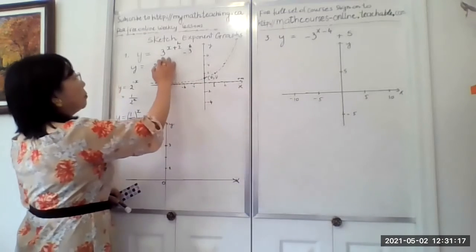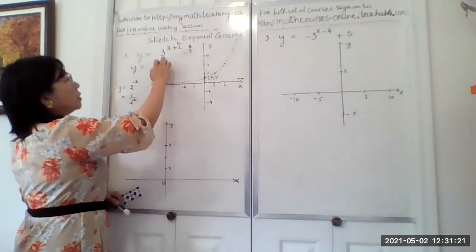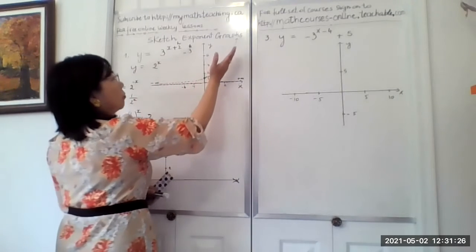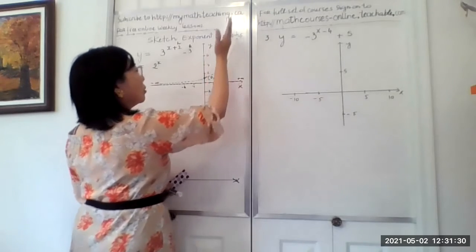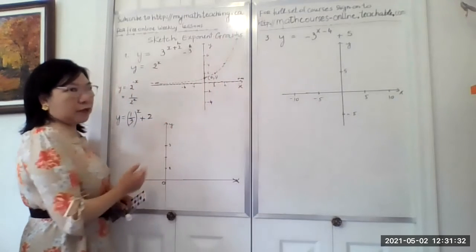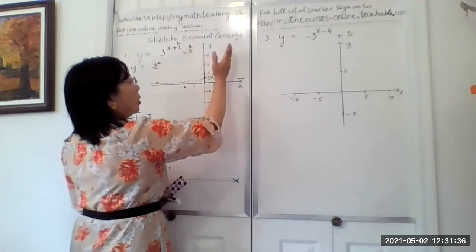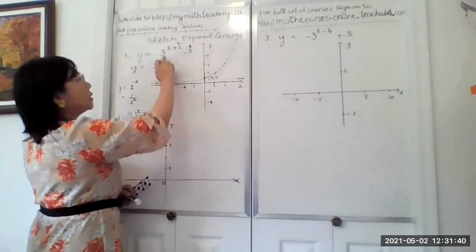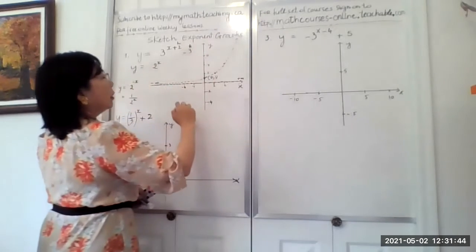Let me talk a little bit about the base. We also realize that if this base is big, it means the graph will grow more intensively, increasing in a very rapid fashion. If this base is getting large, the y values get higher and higher.